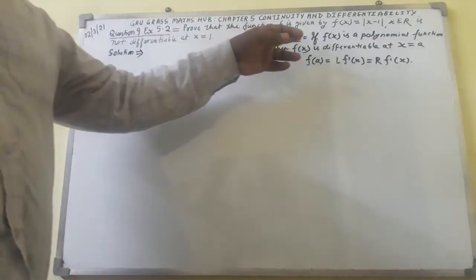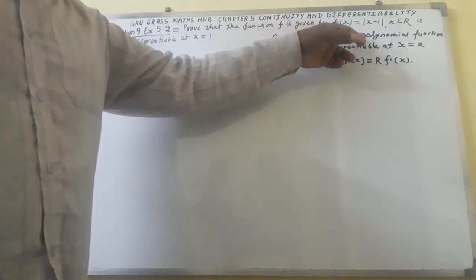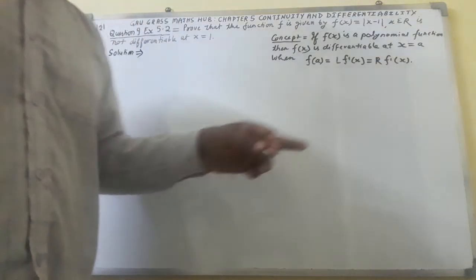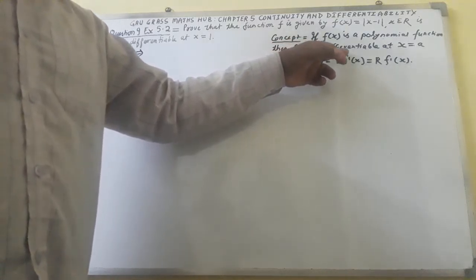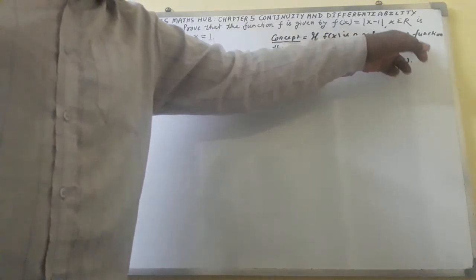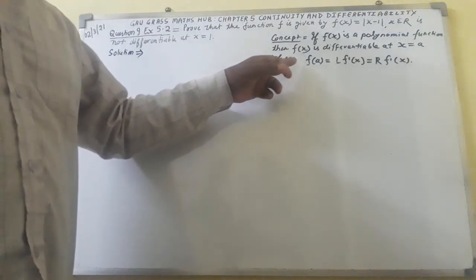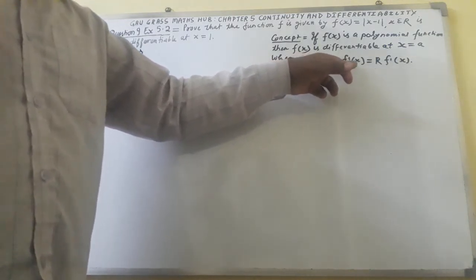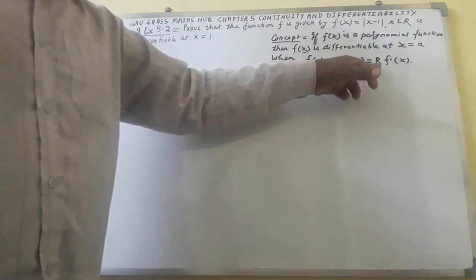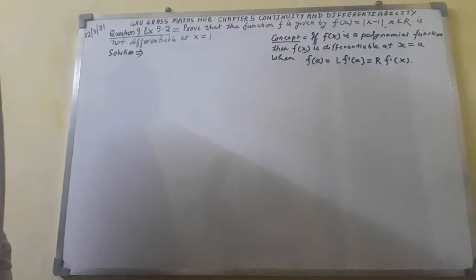Concept is, if f of x is a polynomial function, then f of x is differentiable at x equal to a when f of a equal to left hand derivative equal to right hand derivative. This is the concept.